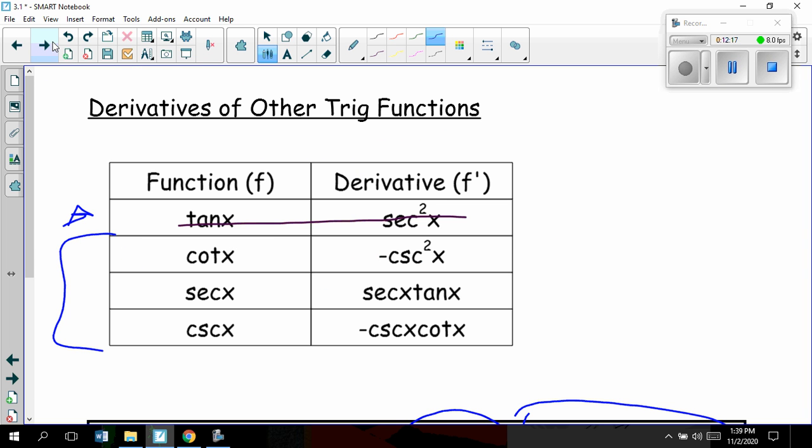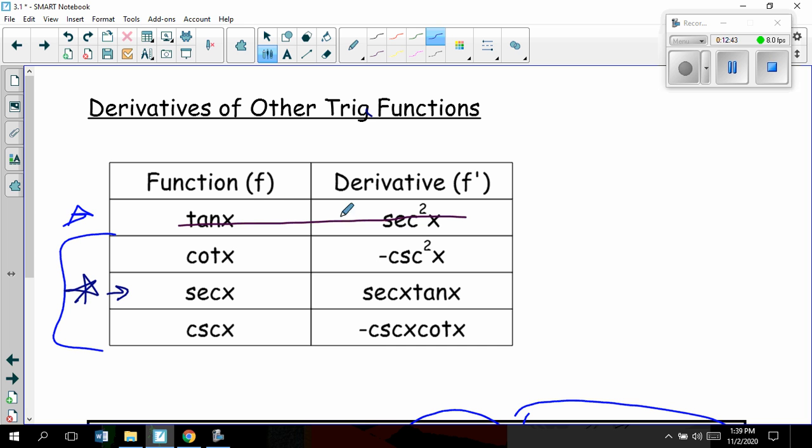All right, so just some other things that you can add, if you made a note card, if you have a running page of all your derivative rules. Here's a few more. I would say the one that shows up the most is the derivative of secant, just because you'd have something like take the derivative of tangent and then take the second derivative, and your second derivative would have a secant in it then. So it becomes secant tangent as its derivative.